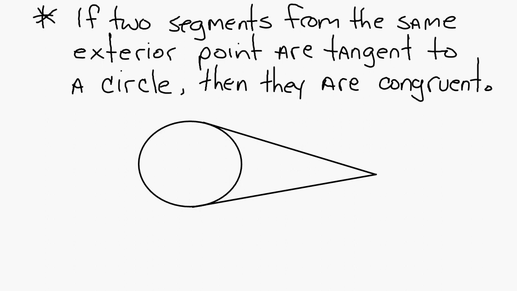We got segment AB tangent to a circle. We got segment AC tangent to a circle. Then they are congruent. So in this picture, AB is congruent to AC. They're both tangent to the same circle.